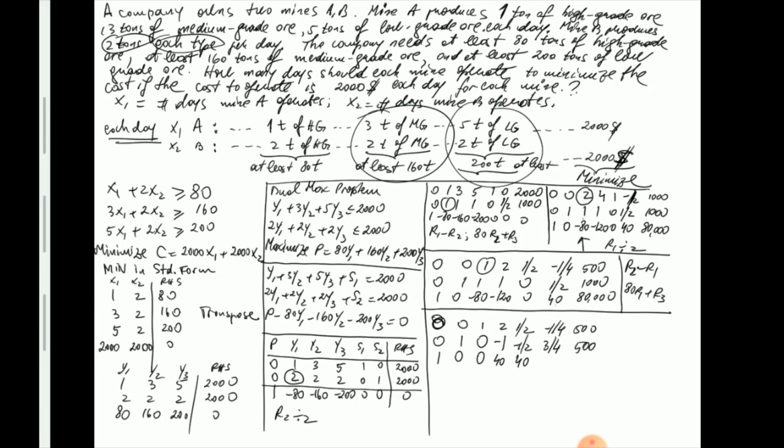Let me double check something here. 80 times 1/2 is 40. Why did I write this minus 1/4? Minus 1/4. Just one second, I want to make sure I don't lose track of this.